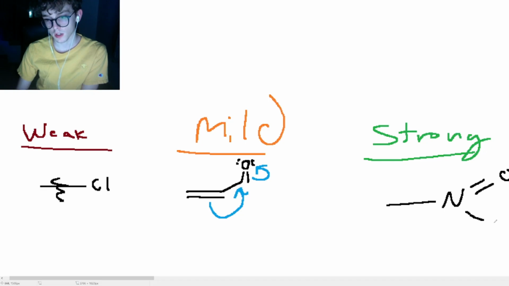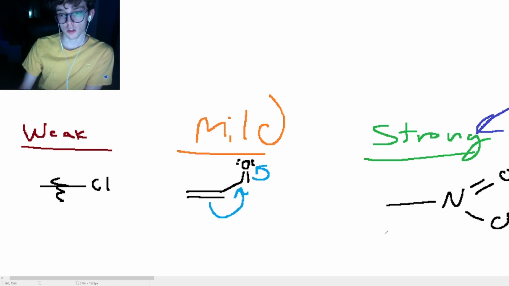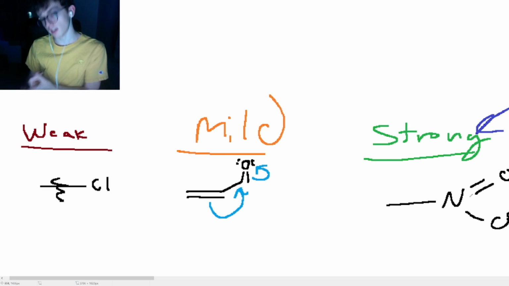So if we have this here, now we know through resonance it could put a negative charge here or a negative charge here. And for that fact alone, just because we have two factors at play pulling electron density from that ring, it's going to be what we call a strong deactivator. And like we said, our strong deactivators are going to be stronger deactivators than the mild ones, and the mild are going to be stronger than the weak deactivators.